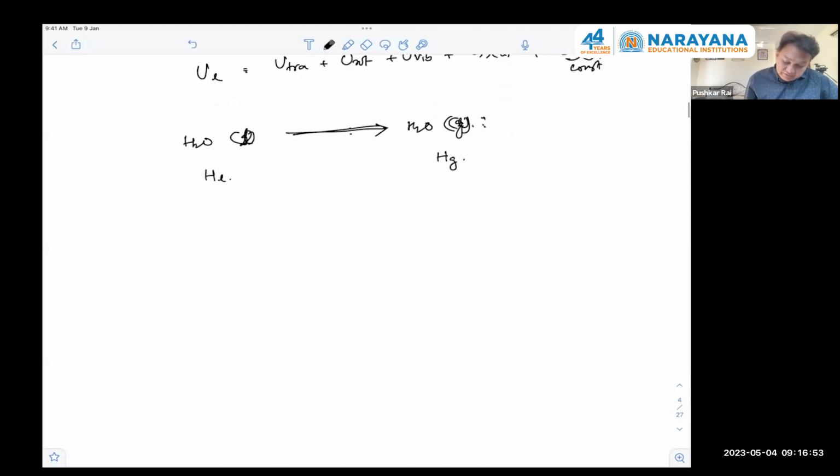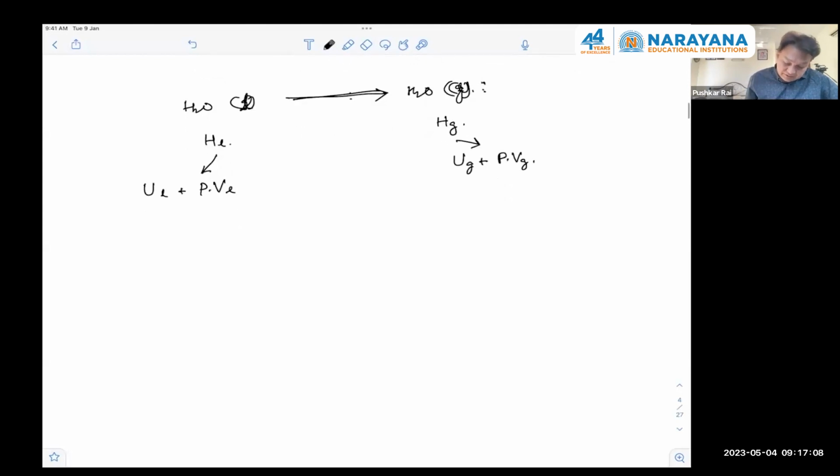H of liquid is equal to U of liquid plus P into V of liquid. And H of gas is equal to U of gas plus P into V of gas. So the question is, what is delta H? Delta H vaporization is equal to H of gas minus H of liquid.